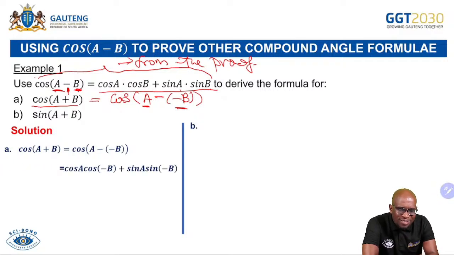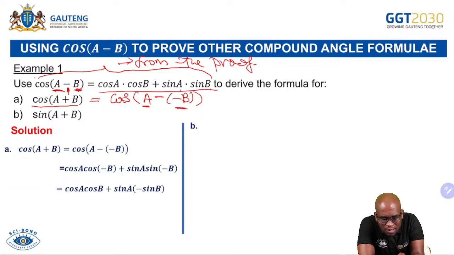So we have the cosine of the first angle, A, times the cosine of the second angle, negative B, plus the sine of the first angle, A, times the sine of the second angle, negative B.